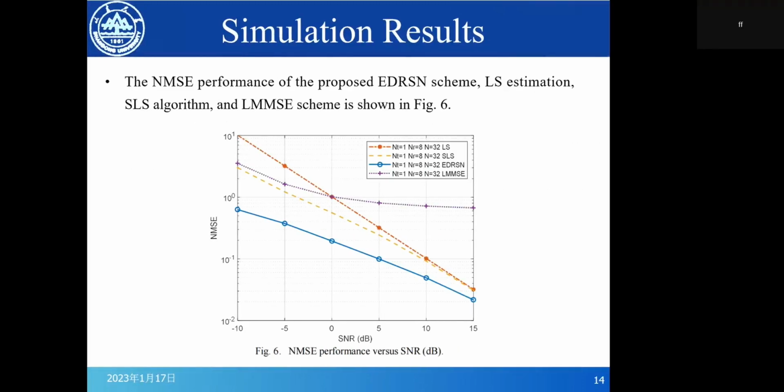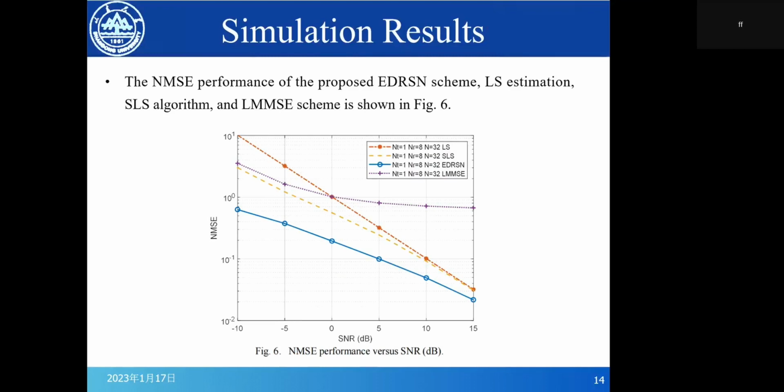Let's look at the simulation results. The NMSE performance of the proposed EDRSN scheme, LS estimation, SLS algorithm, and the LMMSE scheme is shown in Figure 6.